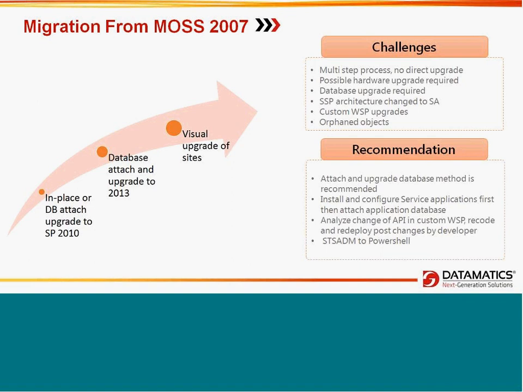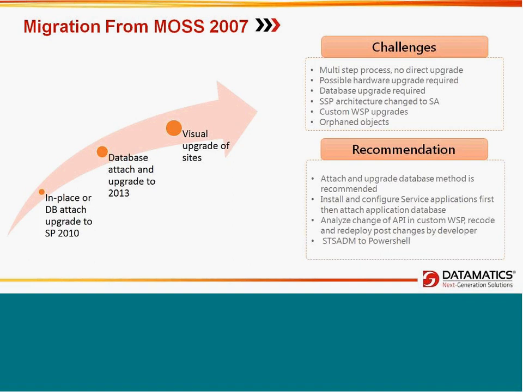A few examples of customizations that would require recode or redeploy of solutions during the migration could be, first, custom master pages, which could malfunction since the visual upgrades have changed considerably. What it means, as I was explaining earlier, is that the older versions did not support client-side scripting or the client-side object model.